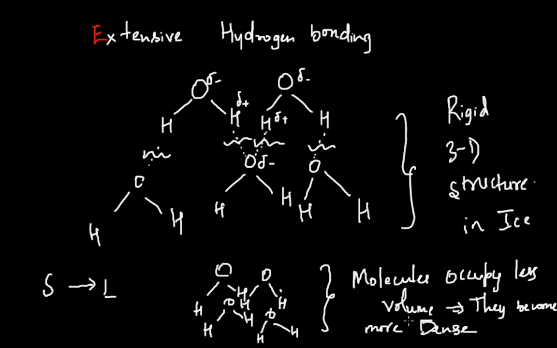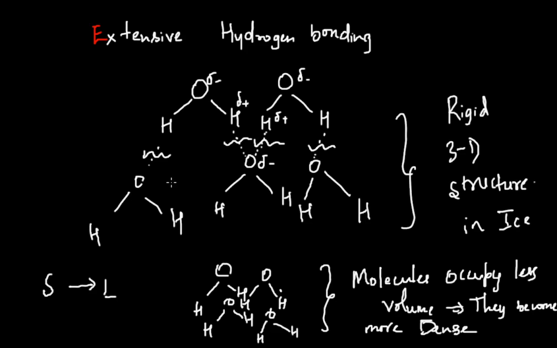The other consequences of its extensive hydrogen bonding are the anomalously high boiling point of water for a molecule of its molar mass, and its high critical temperature and pressure. In fact, the question itself should be, why does liquid water occupy less volume?